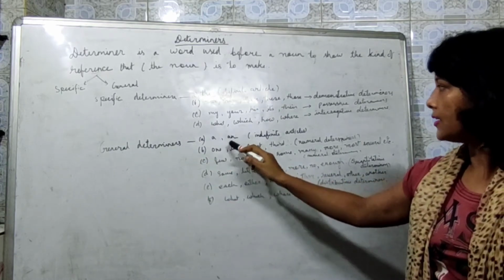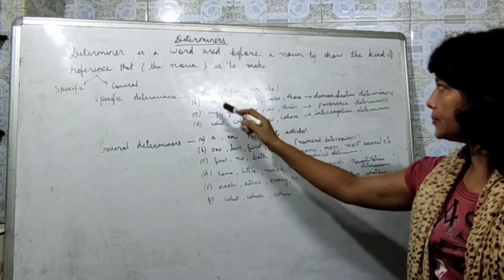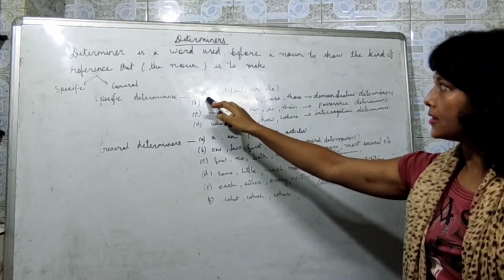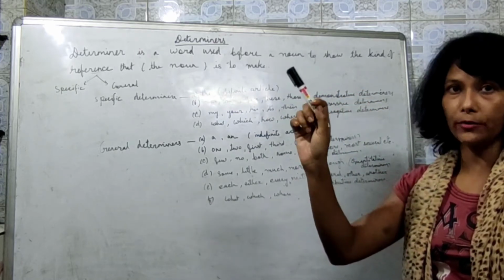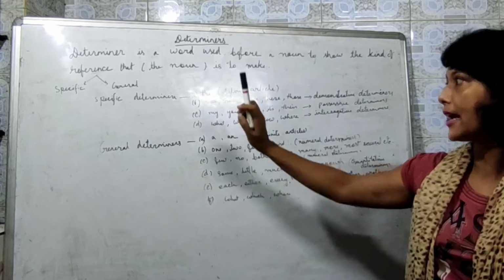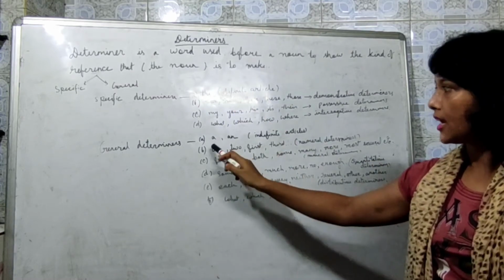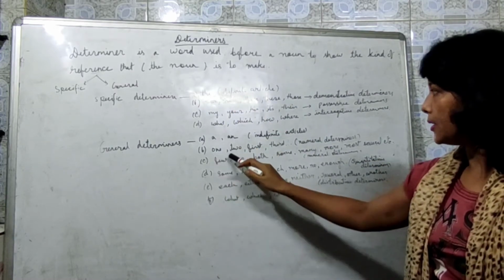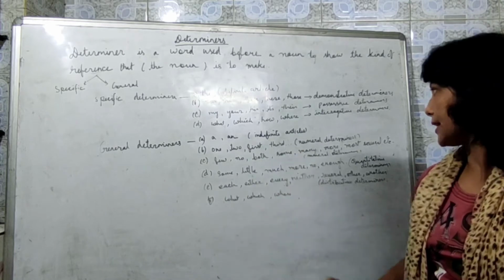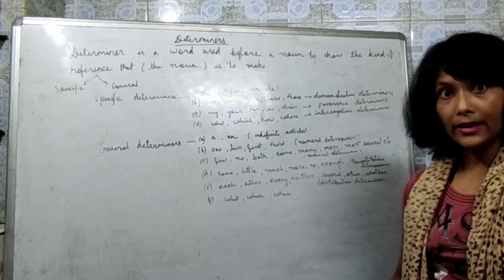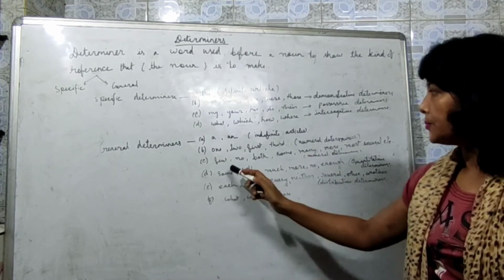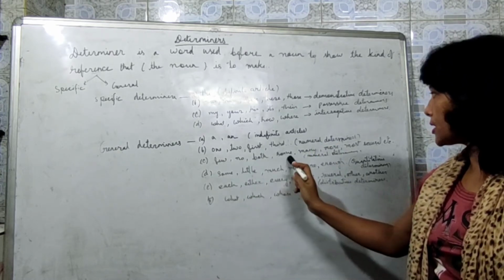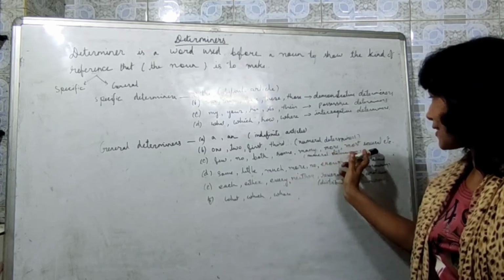General determiners are a, an, the indefinite article. Specific is the: the boy, we are talking of the boy, so it will be definite. Indefinite is a, an. B: one, two, first, third, etc. These are numeral determiners. Then few, no, both, some, many, more, most, several.